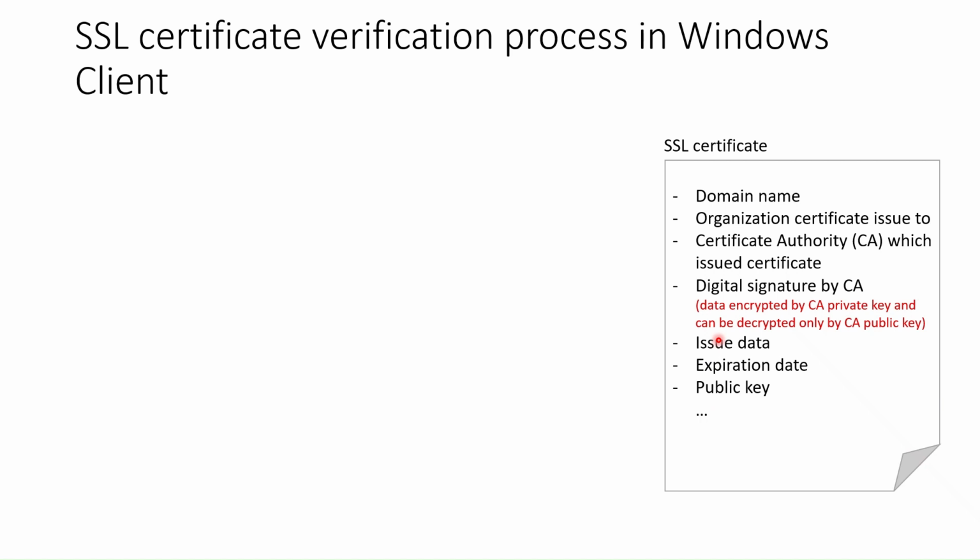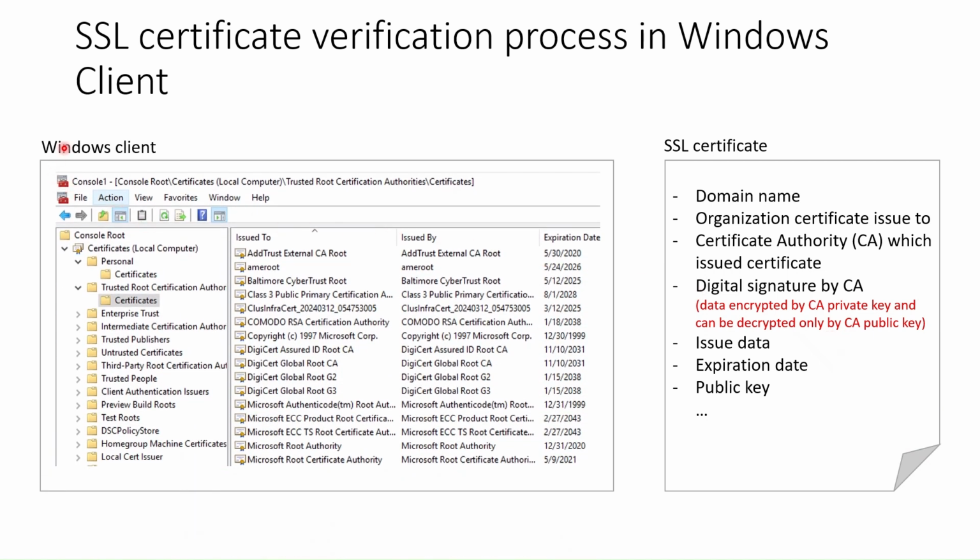This data has been encrypted by the CA's private key and can only be decrypted by the CA public key. This is very much important. In the meantime, the Windows client has a list of trusted certificate authorities and their root certificates. These certificates include CA public keys, which can decrypt the digital signature of the corresponding certificate authority.